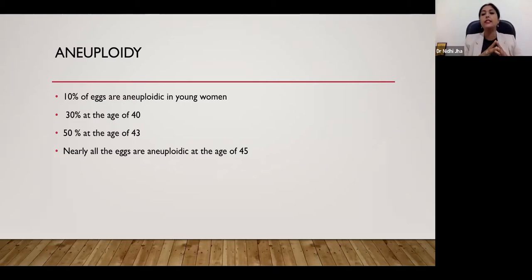The basic reason is that even if everything is fine, 10% of eggs are aneuploidic. At the age of 40, 30% of eggs are aneuploidic. At the age of 43, 50% of the eggs are aneuploidic, and nearly all the eggs are aneuploidic at the age of 45 years.